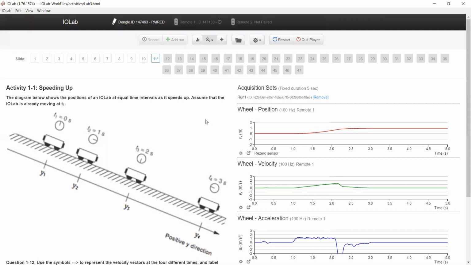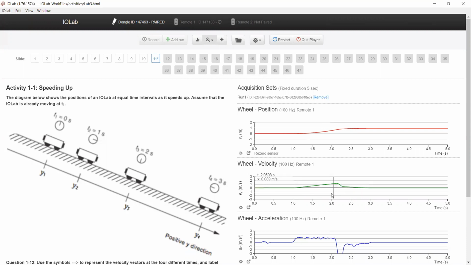While writing the answers in the previous slides, make sure which region you have to do the analysis from. The region is where the IOLab is speeding up, meaning the IOLab is moving. So while making the analysis, see this part only for this graph. Particularly in other graphs it might be different, like the graph might shift to other sides.